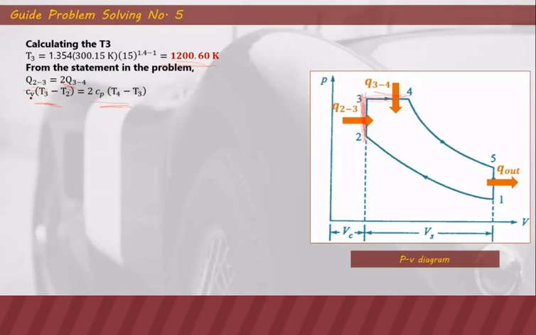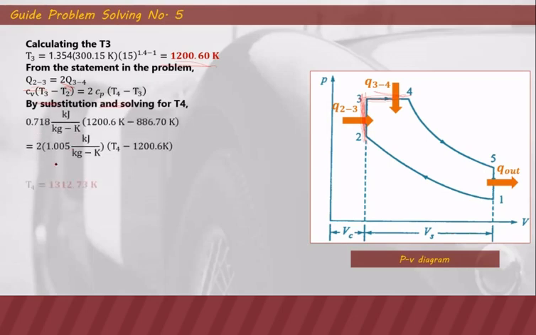As you can see, we already have Cp and Cv because these are constants for air, and these T3, T2 are already found. So the only unknown here is T4. By substitution and solving for T4, our T4 is equal to 1312.73. And this is the highest temperature in the entire cycle, in the dual cycle.